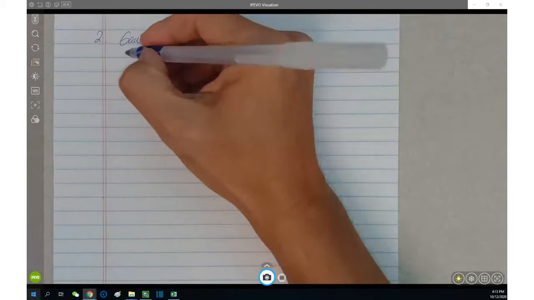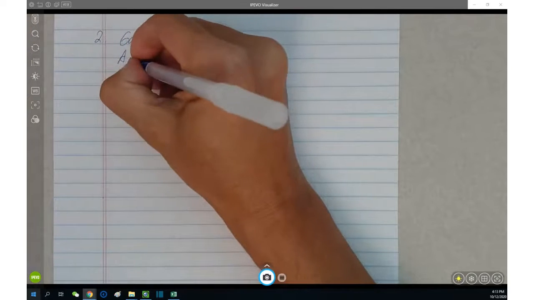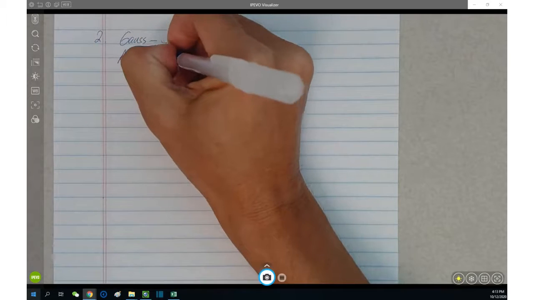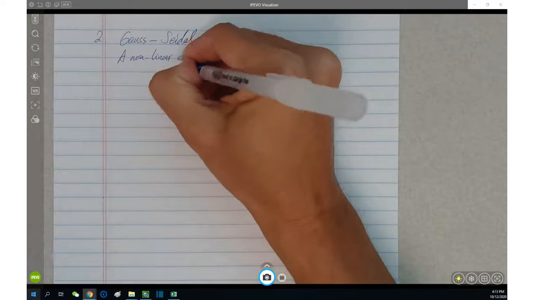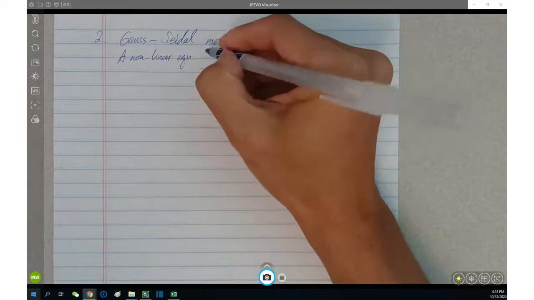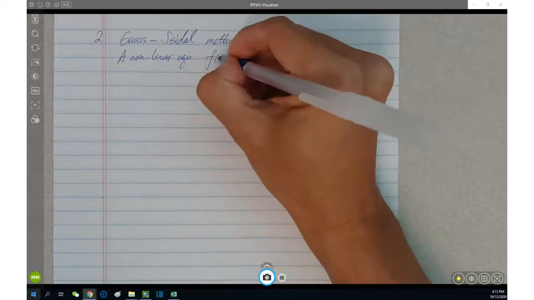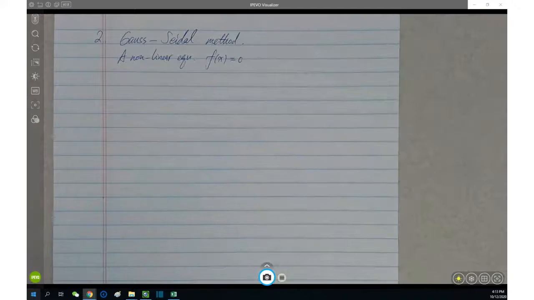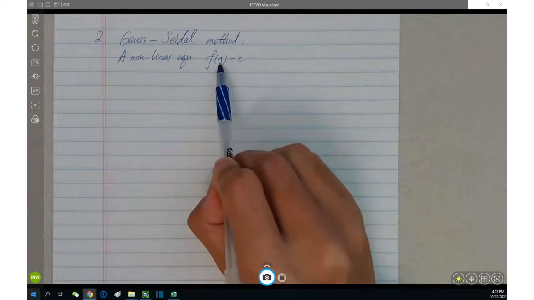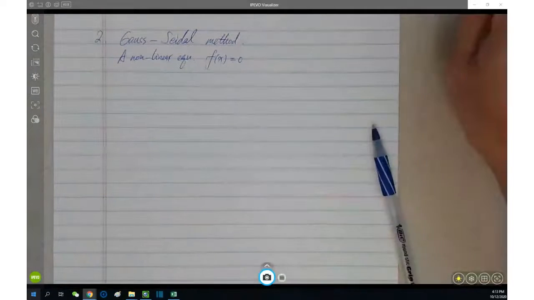So what do you have? A nonlinear equation which is defined as f of x equals 0, which makes perfect sense. It is one dimensional. Let's just study the one dimensional.